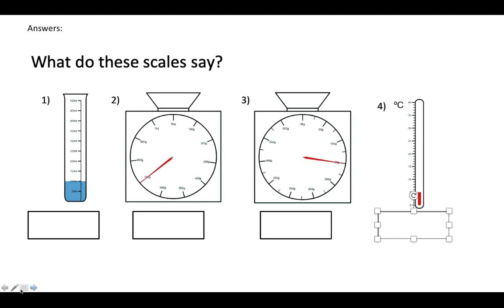Okay, so let's see what the answers were. So this one is going up in 50s, so it's 100, and it's in millilitres. This one is going up in hundreds, and it was 700 grams.